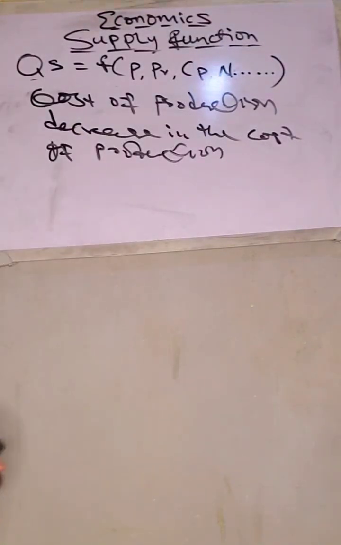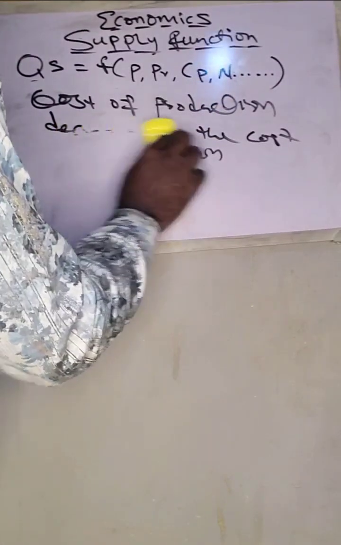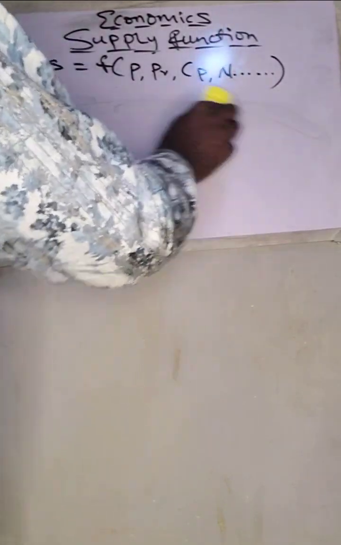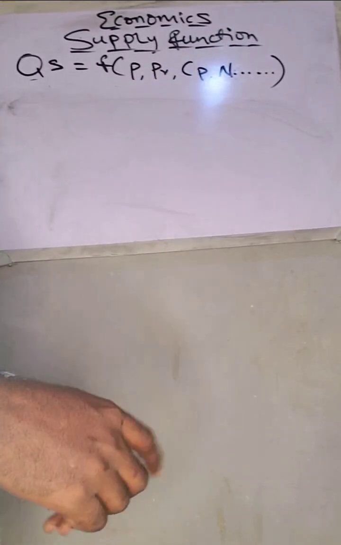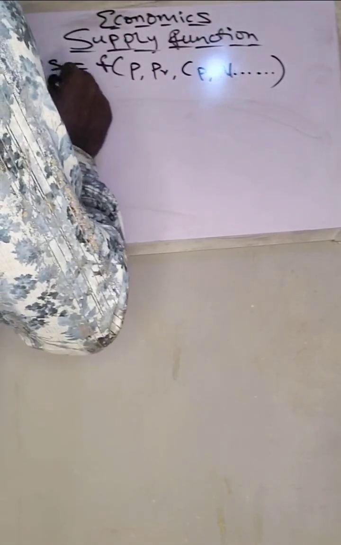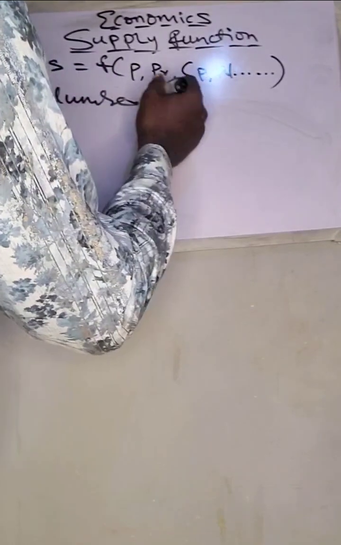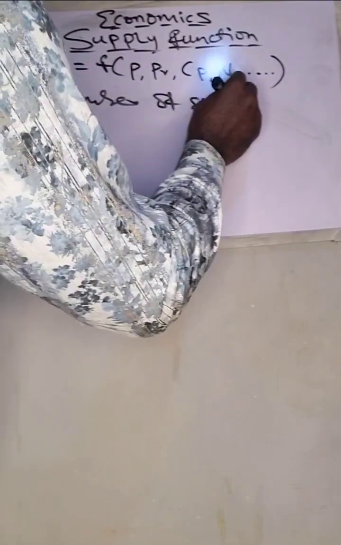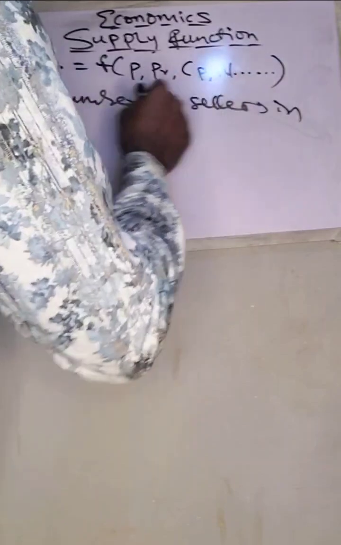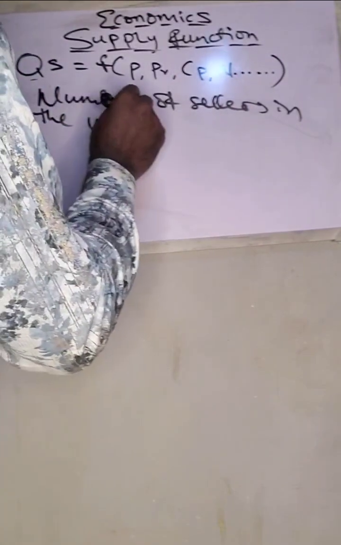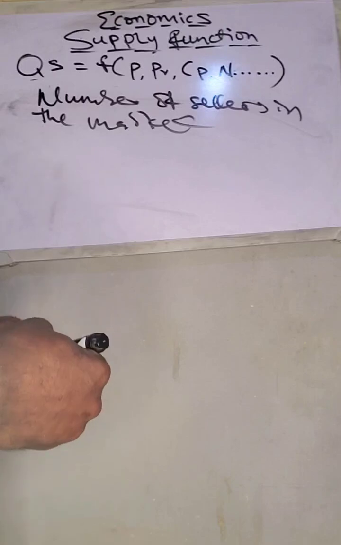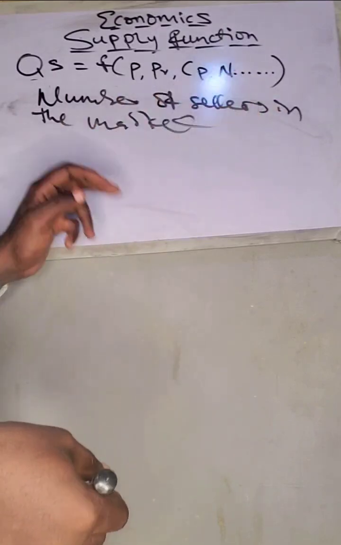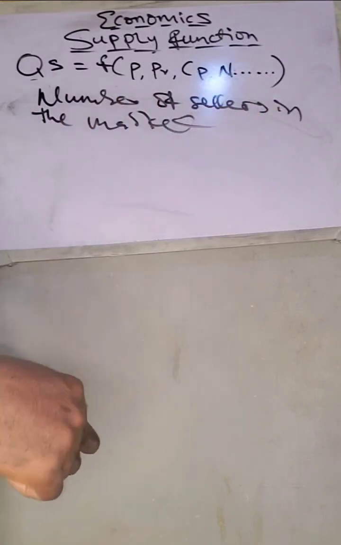Another one is number of sellers in the market, or number of producers in the market.